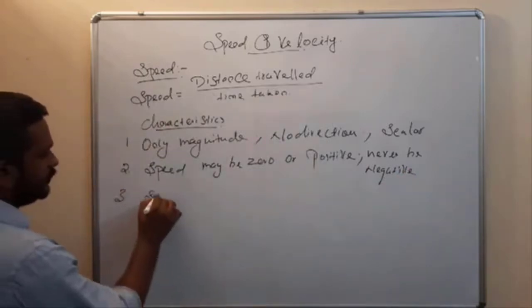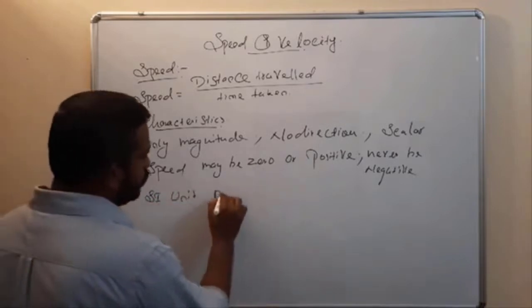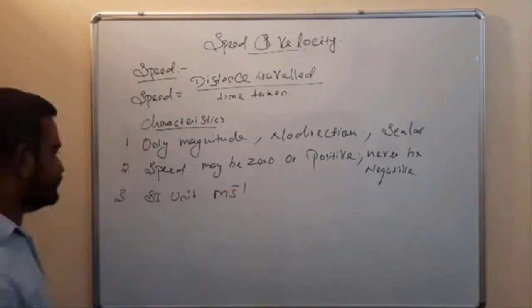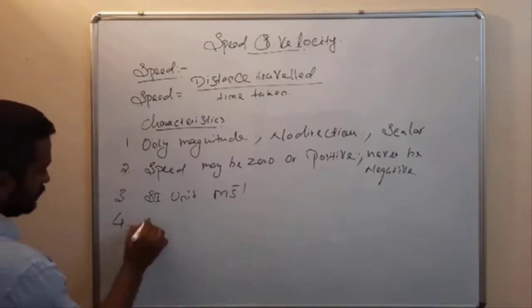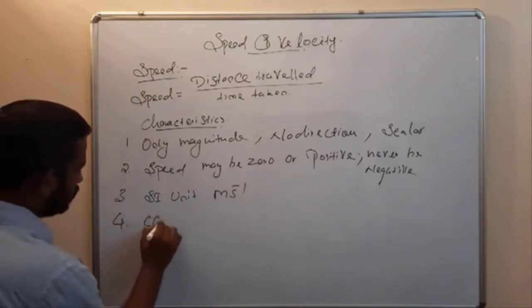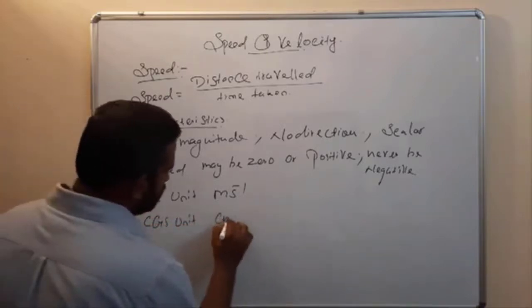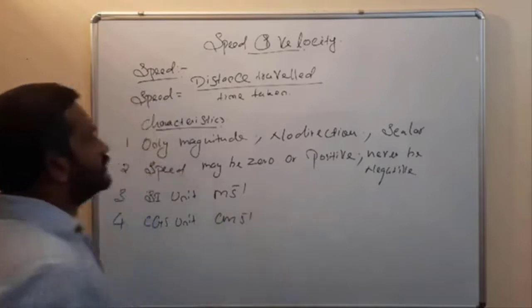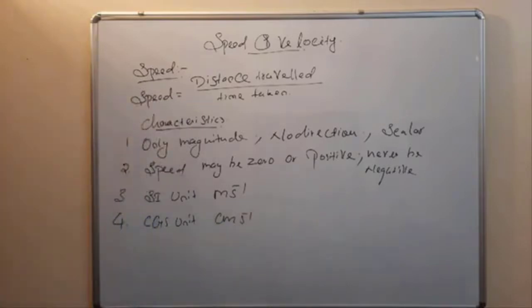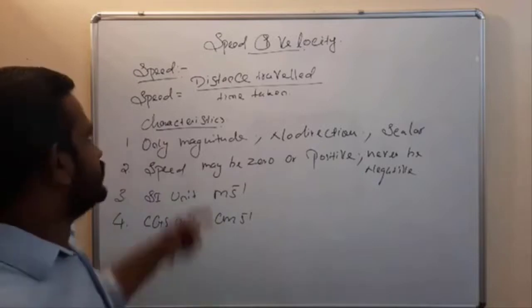Third, SI unit: meter per second. CGS unit: that is centimeter per second. So these are the characteristics of speed.